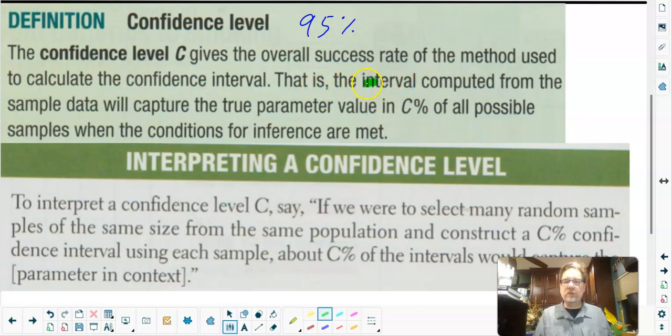So the interval computed from the sample data will capture the true parameter in C% of all possible samples when my conditions are met.